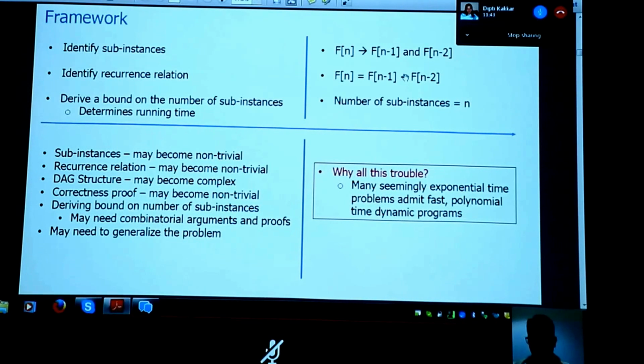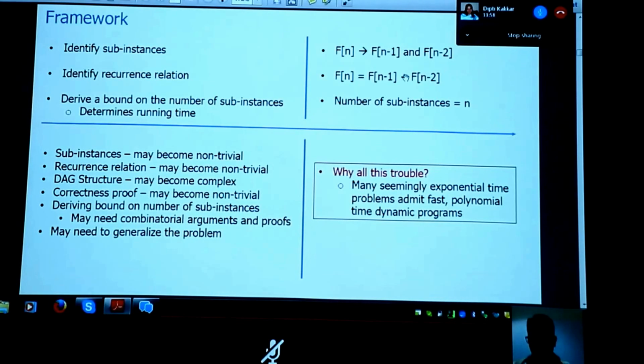That's it. Now, the important thing that will determine the running time of the dynamic program is how many instances there are. What is the size of your DAG? How many sub-instances did you solve overall? That is going to be important, because you are going to build that tree.